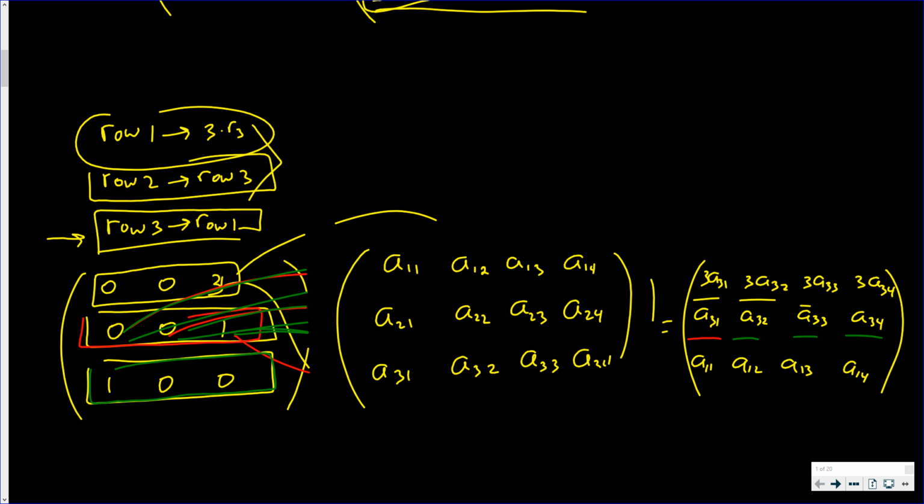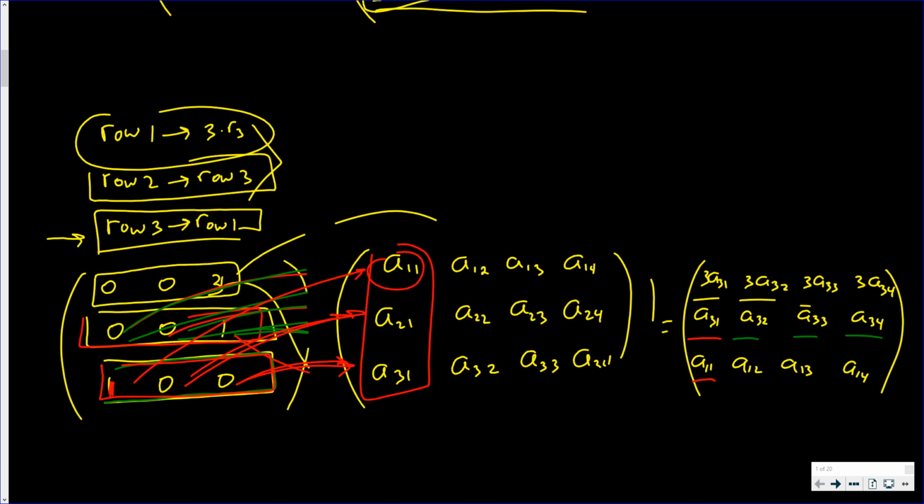When I multiply this third row with the first column, I'm only going to get A11 as a non-zero entry because 1 times A11 is A11 plus 0 plus 0.